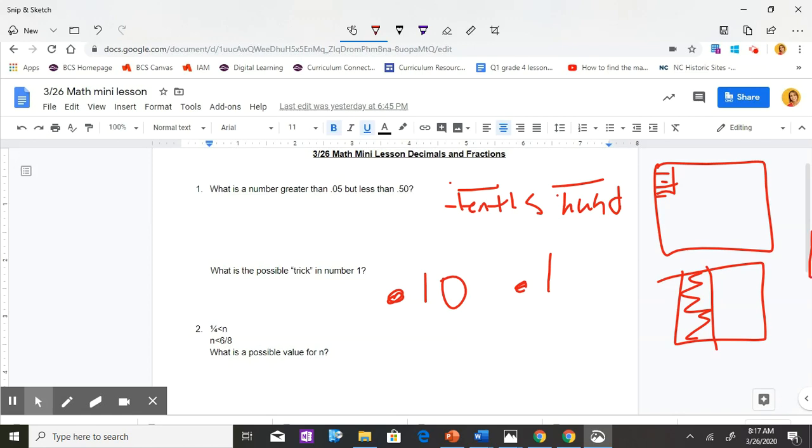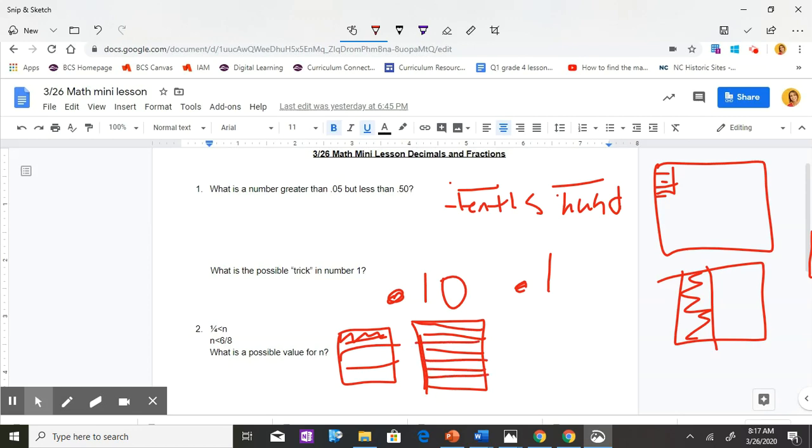Then if you go down, you're looking for a fraction that is larger than 1/4. Okay, remember we're always drawing in 4th grade when we're looking at our fractions, but smaller than 6/8. So here is my fraction.